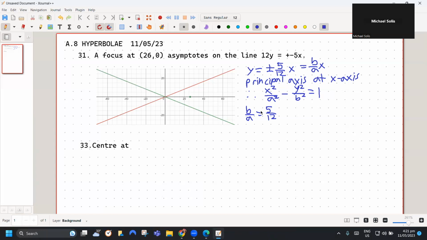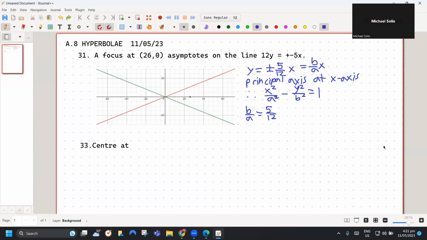Tapos, what else do we know? A over C, A squared plus B squared equals... wait. Does not imply ba? Po, it does not imply kasi ratio lang po yun eh. It does not imply na direct yung ratio from 12 to 26.